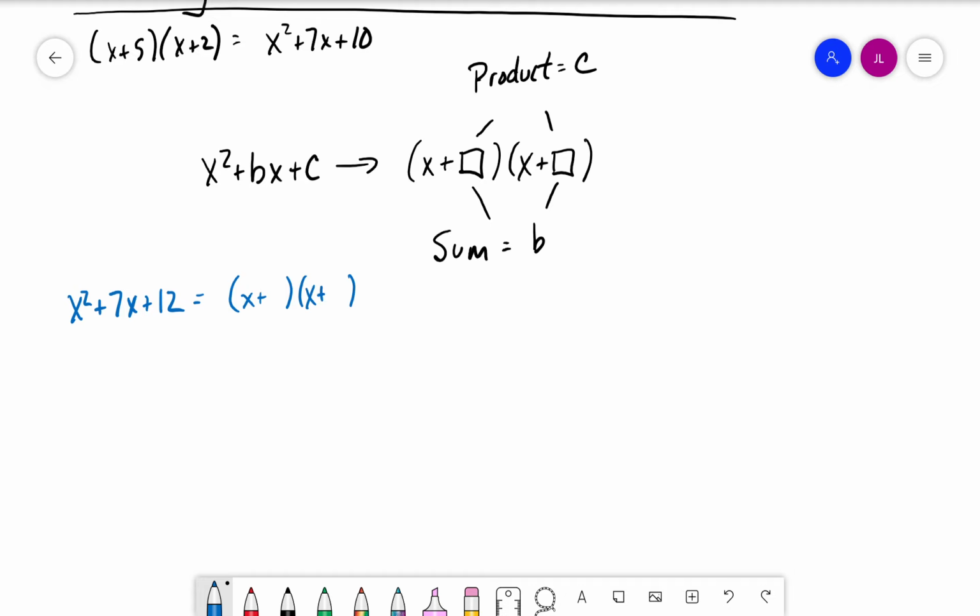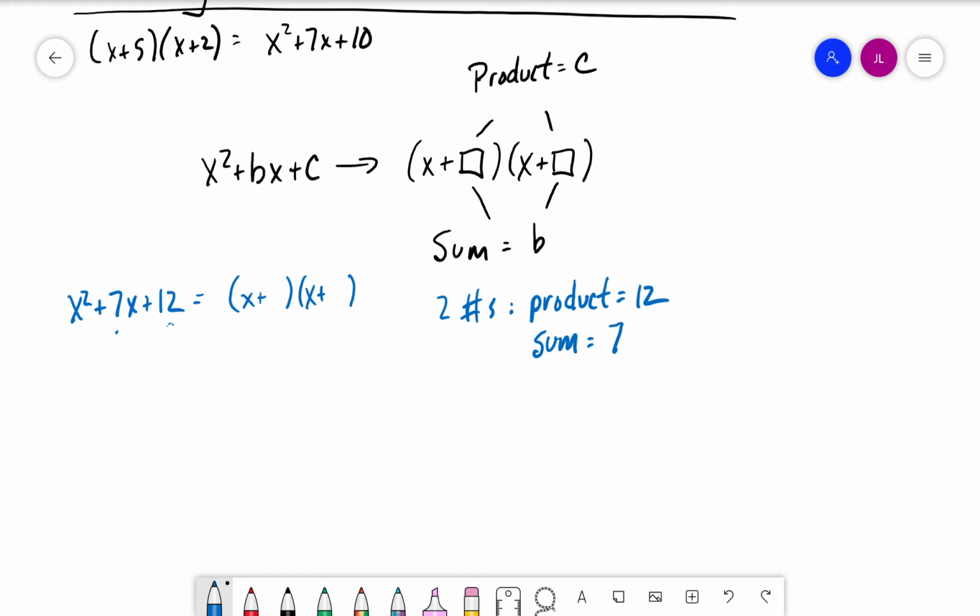We need to find two numbers where the product is equal to 12, our c value, and the sum of these two numbers is equal to 7, our b value.